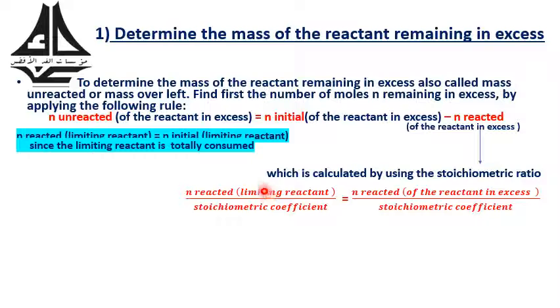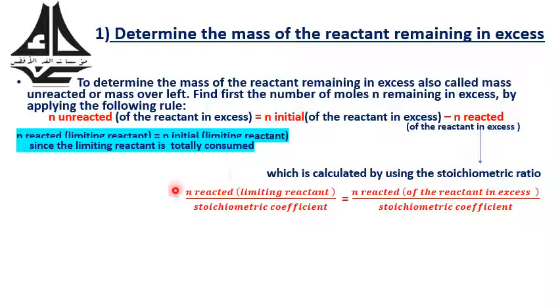So always when we have a non-stoichiometric proportion where we have a limiting reactant and a reactant in excess, always remember that the number of mole reacted of the limiting reactant is the same as the initial number of mole of that limiting reactant. It's equal to the number of mole initially found because the limiting reactant is totally consumed.